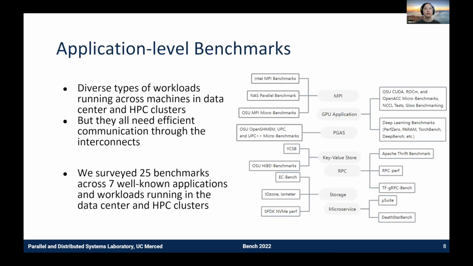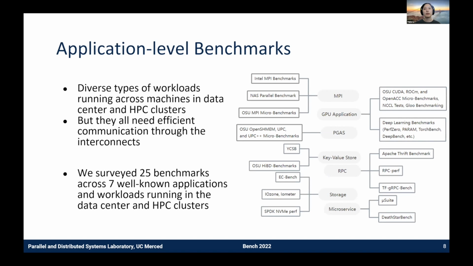Though there are diverse types of workloads and applications running across nodes in the data center and HPC clusters, they all need efficient data communication through the interconnects, because different interconnects may show different characterizations even on the same workload.